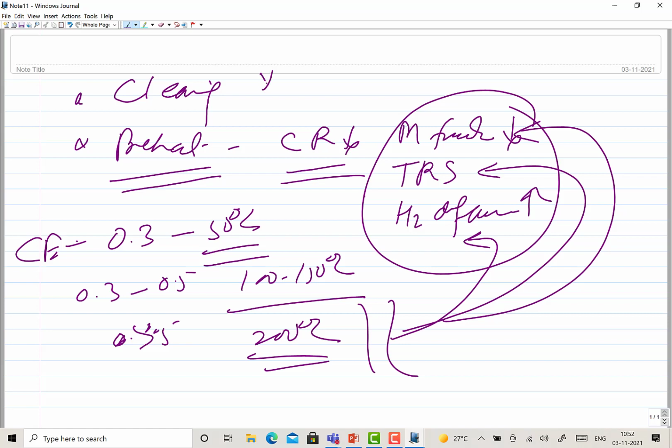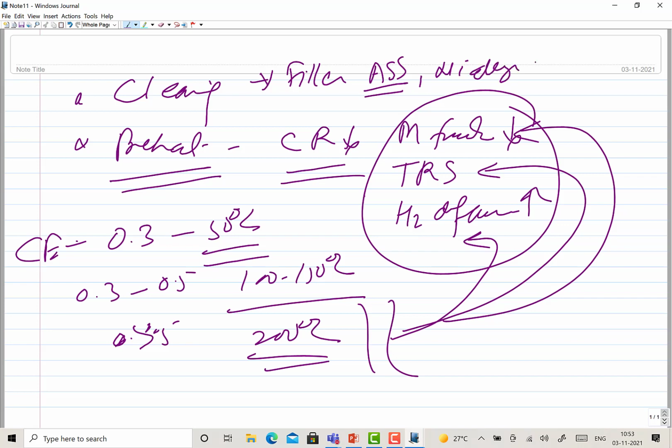The third aspect is to use the kind of fillers which will not cause much tensile residual stress, and which will absorb the hydrogen. And so the problems related to the hydrogen, martensitic transformation and tensile residual stress are reduced, and that happens if we use a filler metal like austenitic stainless steel, or fillers like nickel alloy.